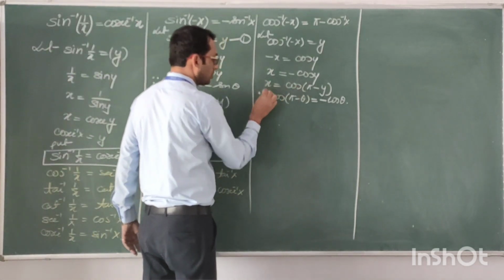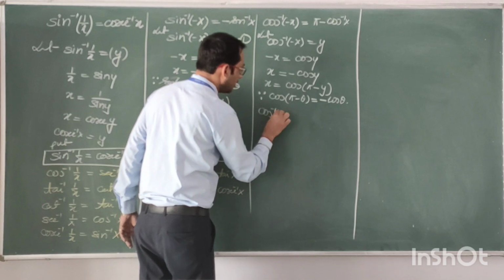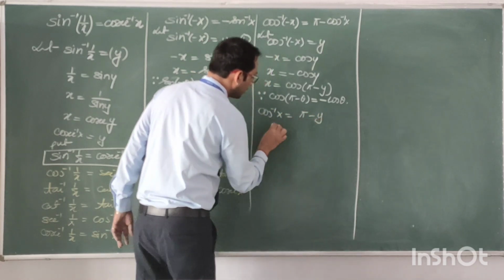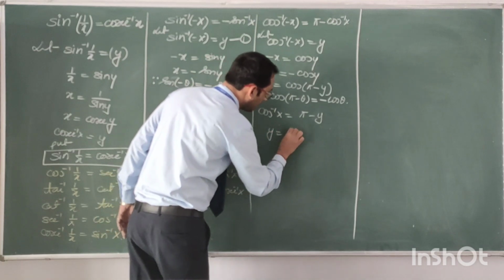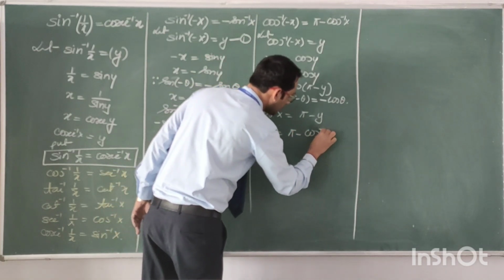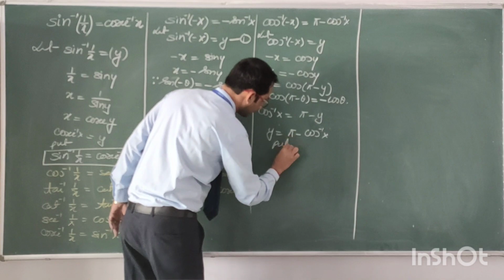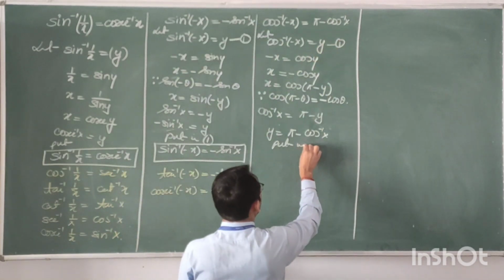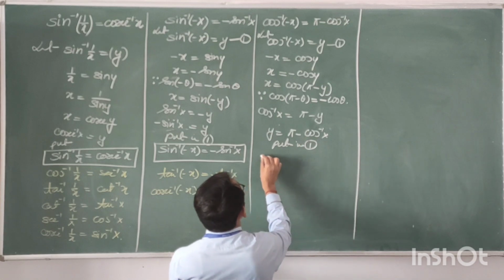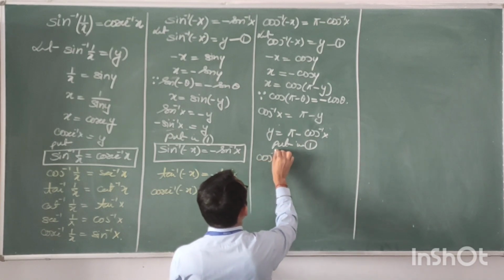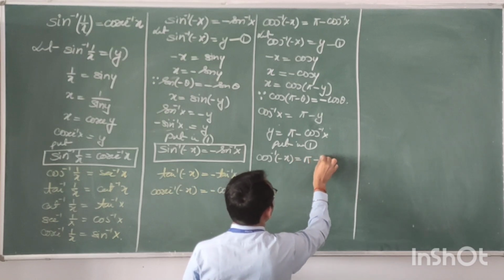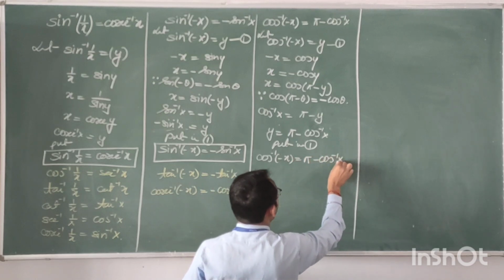So I am taking cos on the other side. Cos inverse x will equal pi minus y. Now taking y on this side, y equals pi minus cos inverse x. Put in 1. So cos inverse minus x can be written as pi minus cos inverse x.